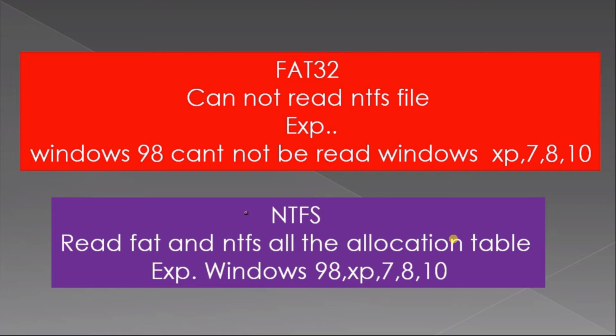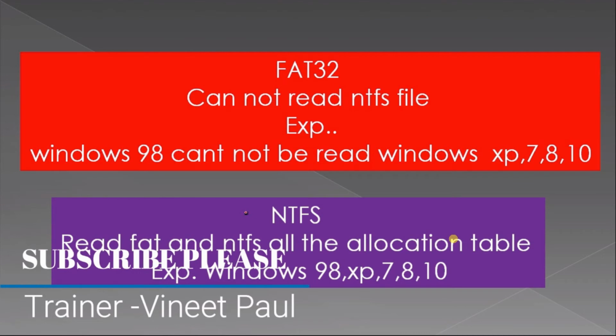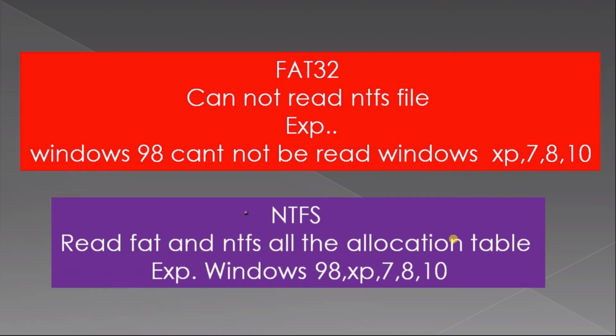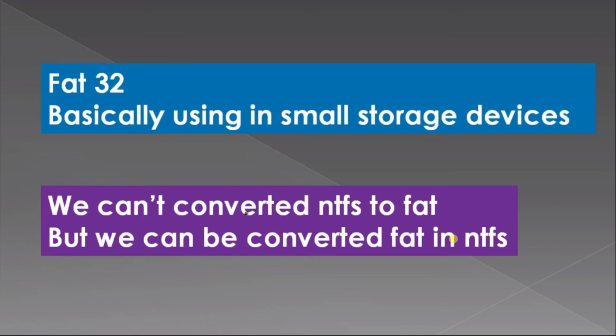So if you create any kind of file, data or project on FAT32, Windows 10, 7 and 8 are able to read those files. But if you create any kind of project on Windows 7 and 8 with NTFS, the FAT32 file system cannot read those files. That is another difference between FAT32 and NTFS.